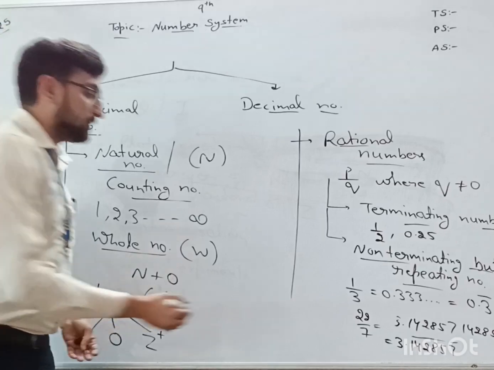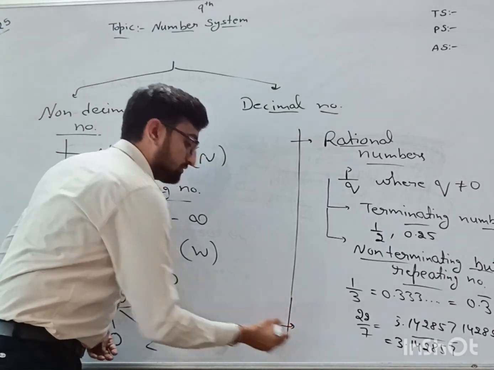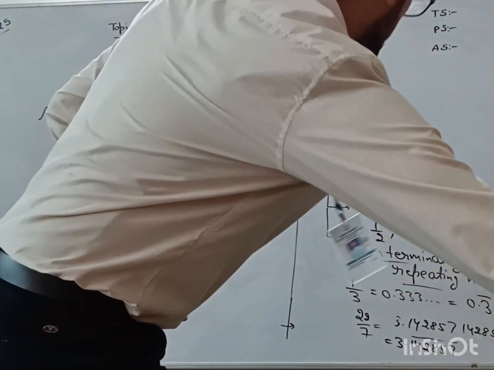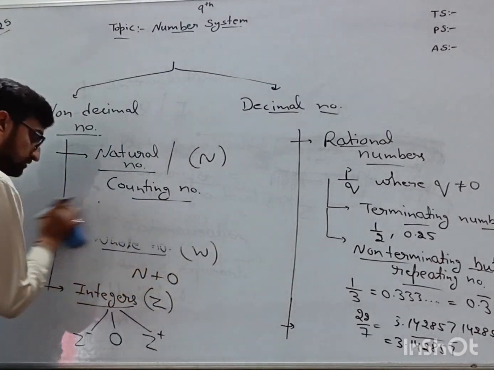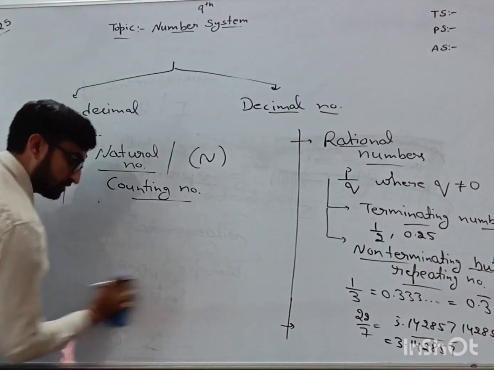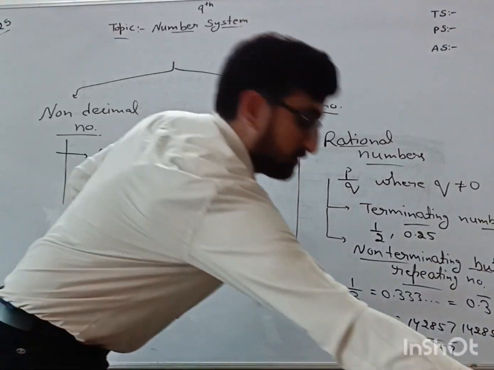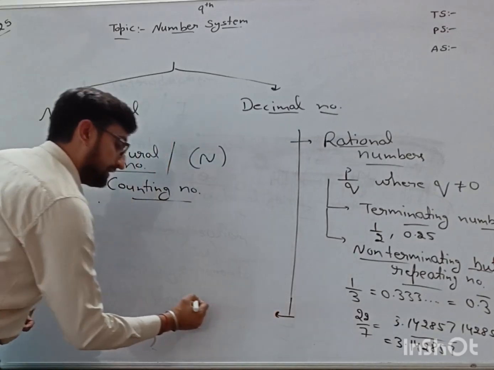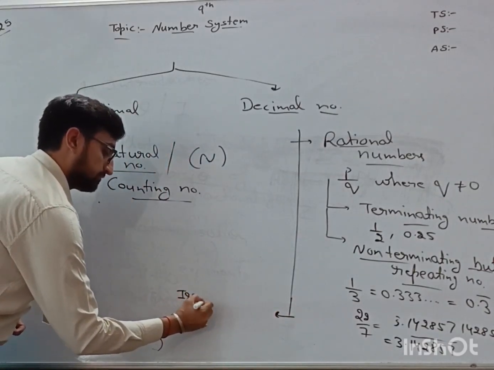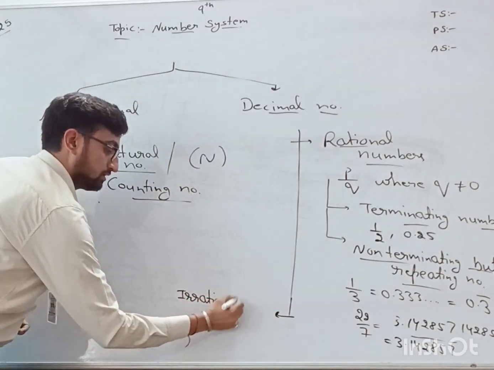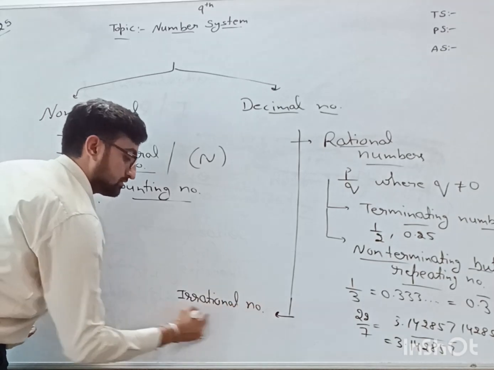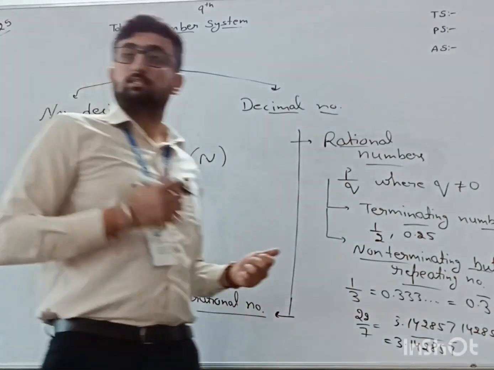After this rational number, the second type which we are going to cover is the irrational number. Now what are irrational numbers?